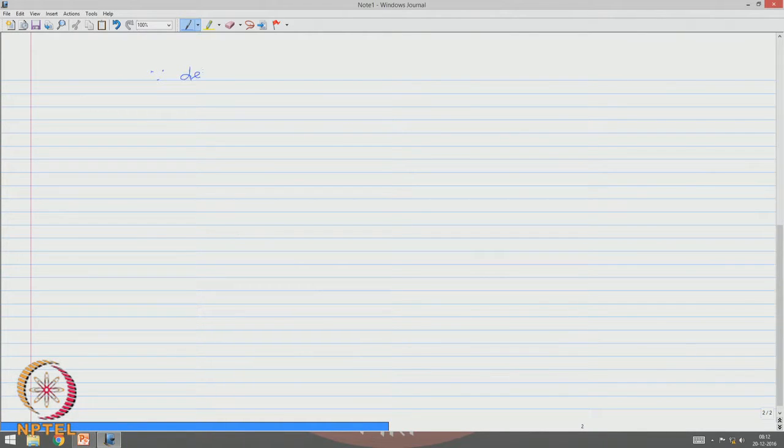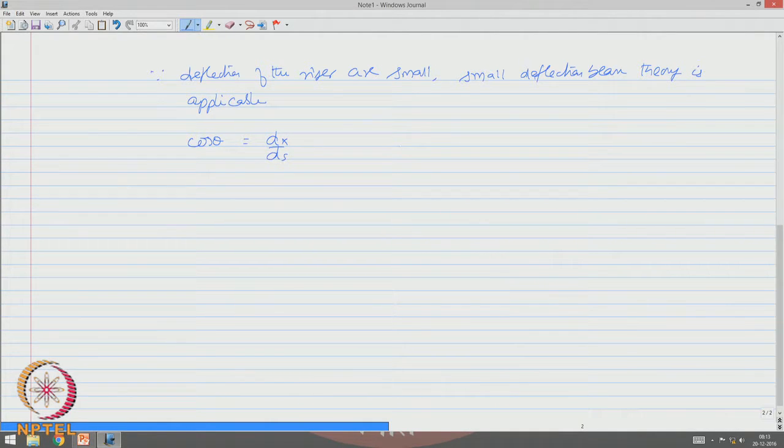Since deflections of the riser are small, we can apply the small deflection beam theory. Also, we know from the geometry cos theta is dx by ds and sin theta is dy by ds.